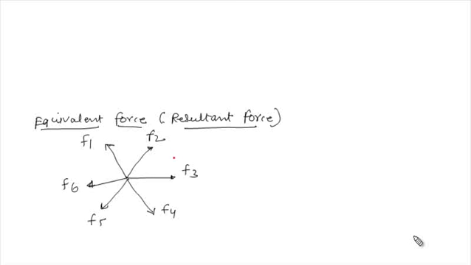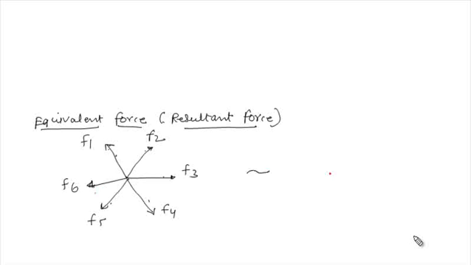As per the definition, the equivalent force or resultant force is nothing but a single force which can replace all the forces F1, F2, F3, F4, F5, F6 and which will produce the same effect as produced by F1 to F6.